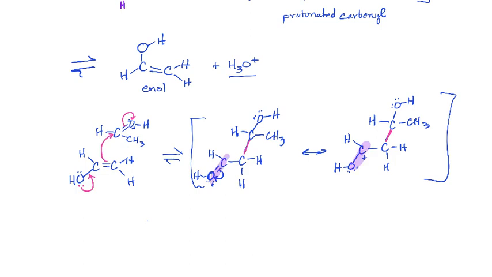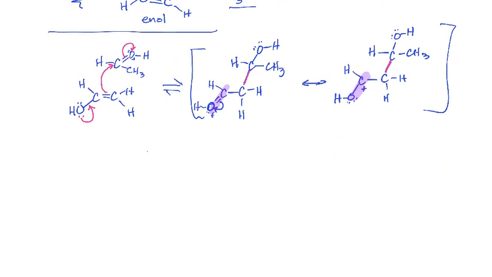This is what's different. Okay, so continuing on, this again is our resonance stabilized intermediate after attack by the enol. Okay, so I basically just started over here. And if I continue, deprotonation step, because this is water, can come along and remove the extra proton here.